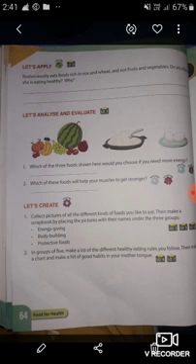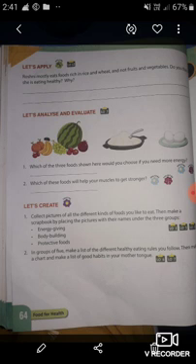Now students, let's create. Collect pictures of the different kinds of food you like to eat. So students, firstly you have to collect the pictures of different kinds of food that you like to eat.